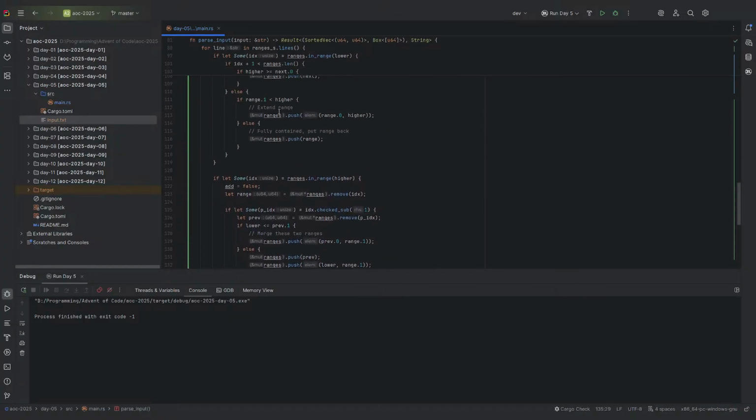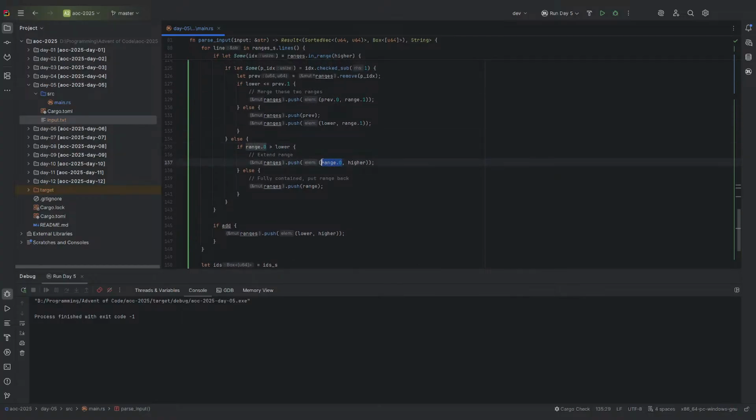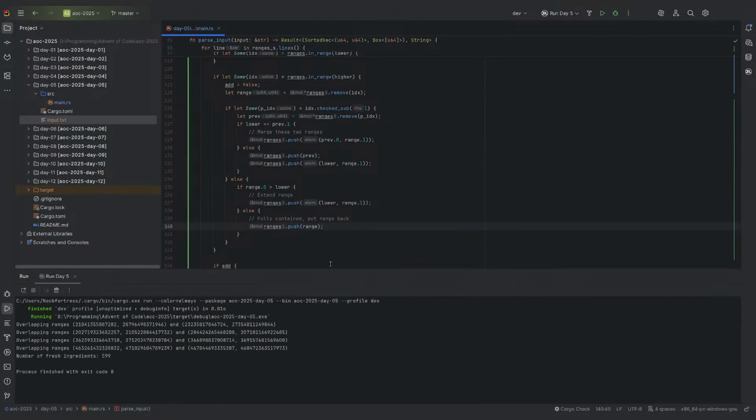So this is inverted now. Should do it. Not quite.